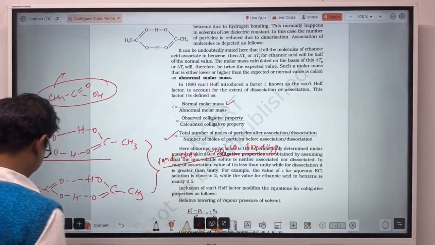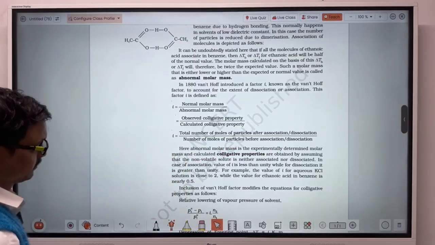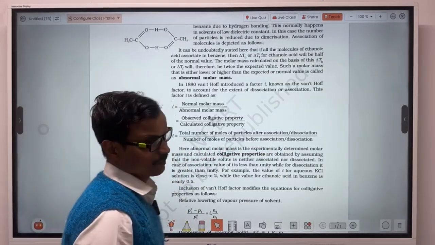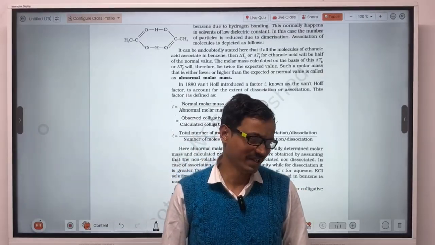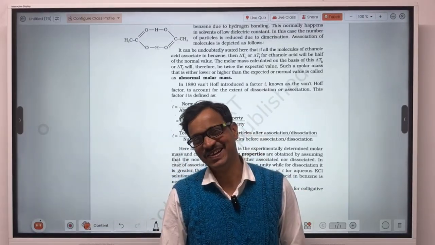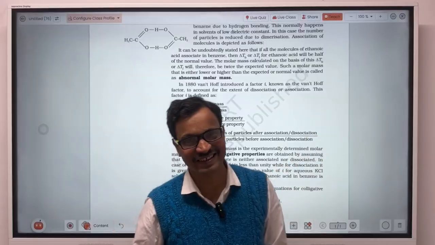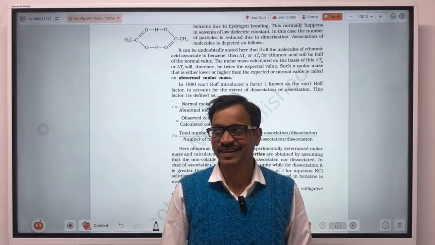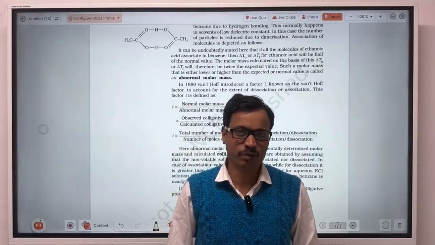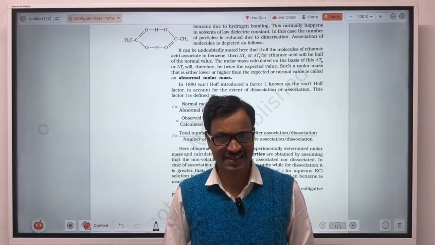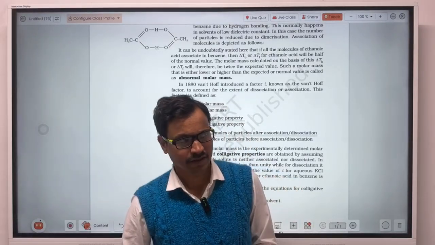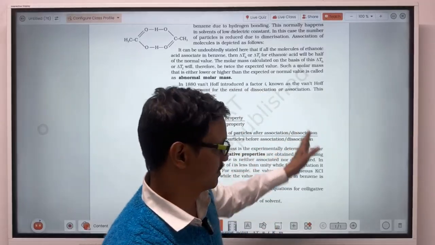Okay, that was it. Now let's see here. In the 12th board examination, the question will not ask you to write the formulas, but if you do not know what the van't Hoff factor actually is, then how will you solve it? In the same way, for the 12th board exam, for IIT Main, Advanced, as well as for NEET, you should have this concept.